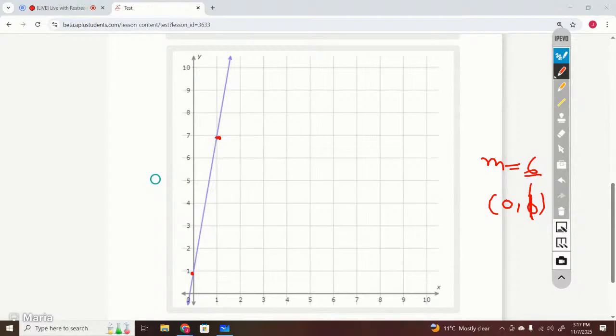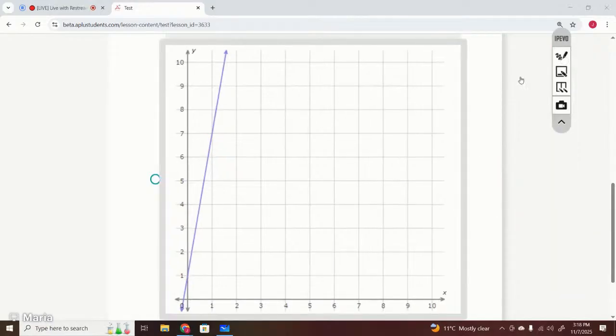So join these 2 points and make a line. Option number 2 is the correct option.